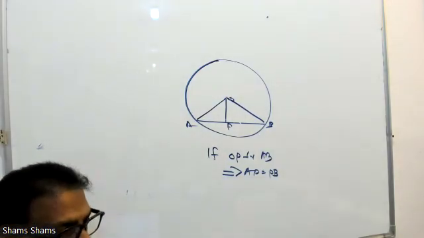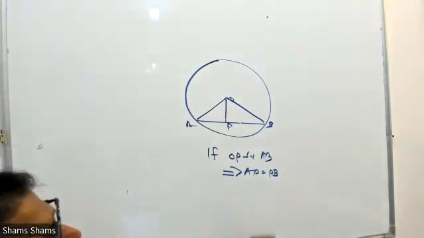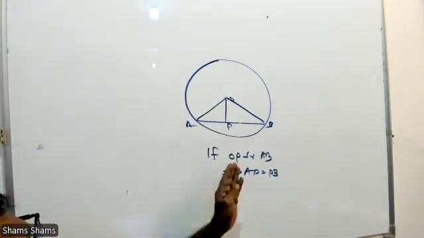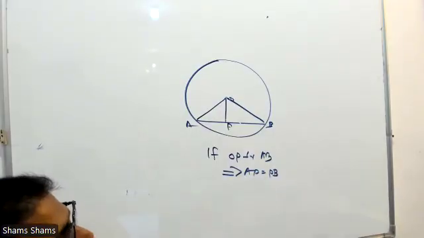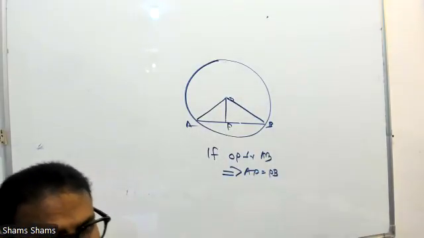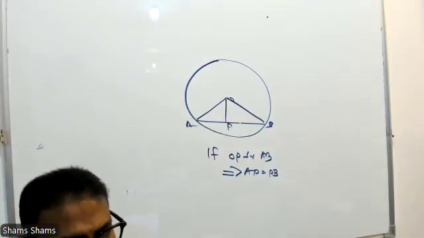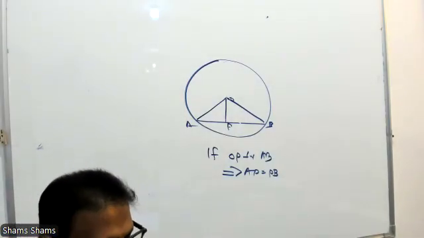If you draw it, no issues. You just write OP perpendicular to AB, then AP equals PB. The perpendicular from the center bisects the chord. This is the basic theorem of the circle, so every year this idea is asked.